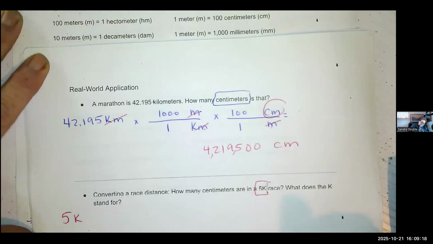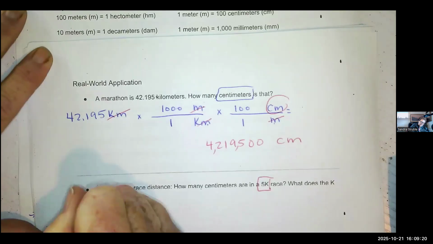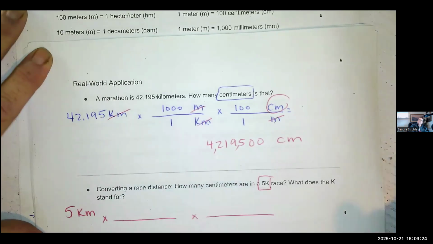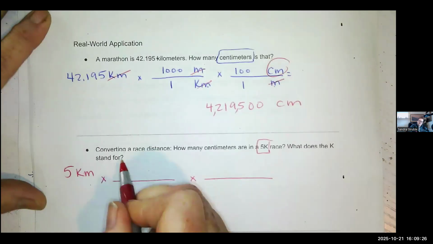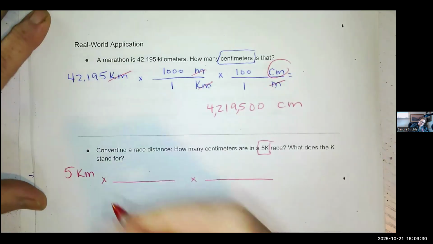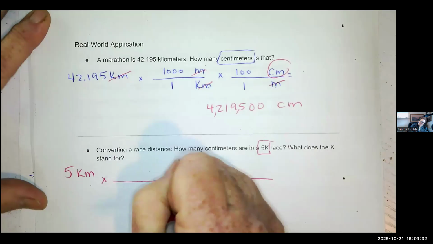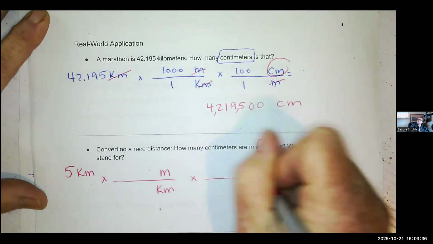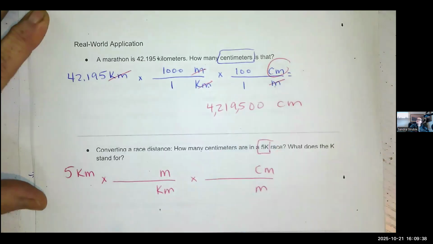Kilometers. That's our starting point. We know we're going to have to do 2 conversions to get to centimeters because they're not asking us to go straight to meters. So starting unit, base unit, ending unit. Once you get that set up, kilometers over kilometers, meters over meters, centimeters, and you get what we want, then we can just plug in the numbers.